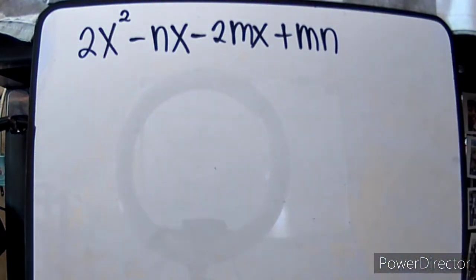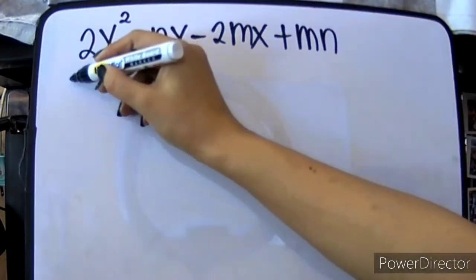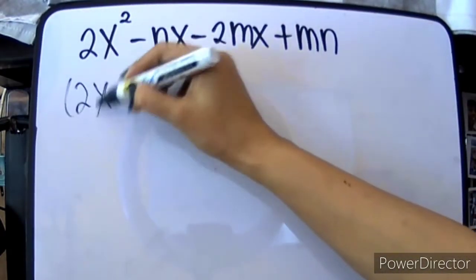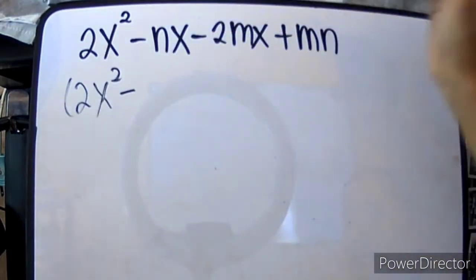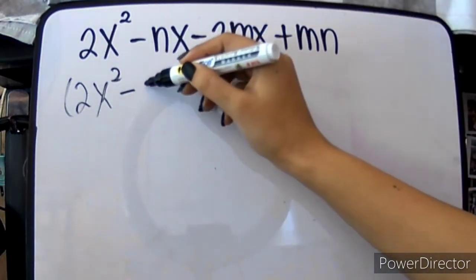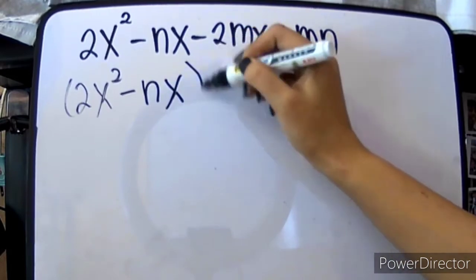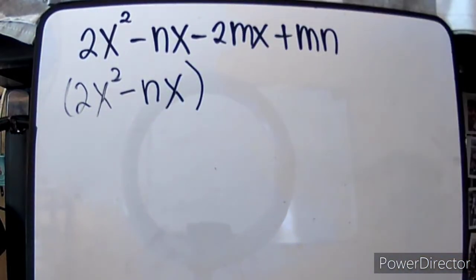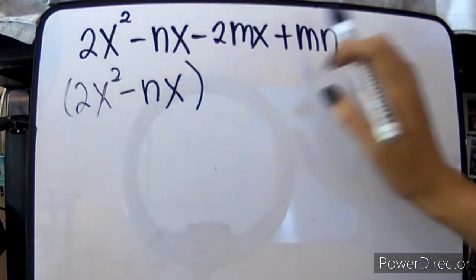So ibig sabihin wala tayong PST dito, so probably we will be having a group of 2 binomials. Okay, so I will not be arranging it kasi meron namang pareho yung first term and second term as well as the third and fourth term.